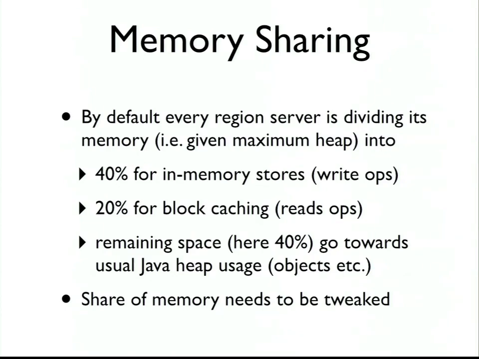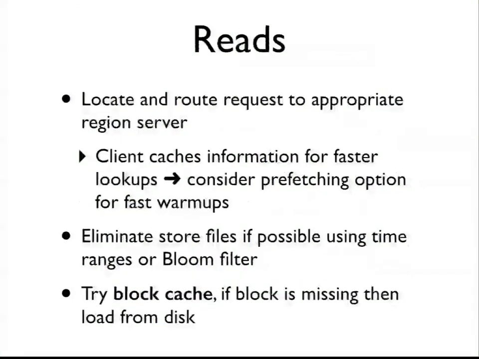Overall, I've seen in practice that with 60% and 40% for the rest, a lot of people take away from the rest very early on. They say, well, 20% is enough for the rest, so we have another 20% of the heap that we give to the Java process for other stuff, say for reads or for writes. This is very common, that you start cutting into those depending on your workloads, but you need to tune those.